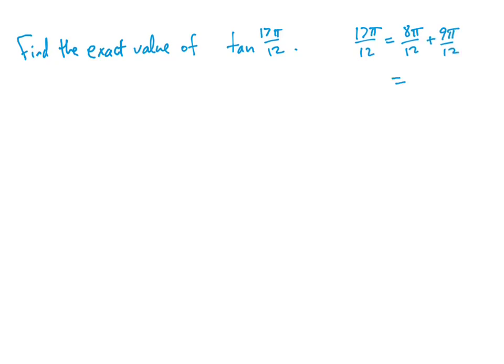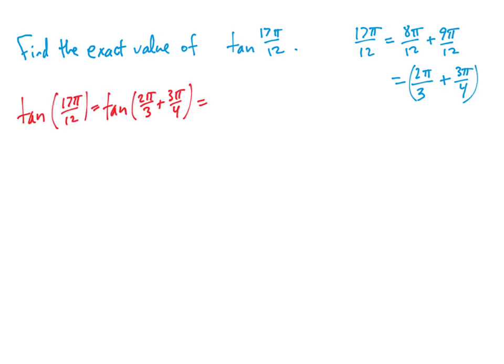Now, it might not look like those are values on the unit circle, but 8 pi over 12 is 2 pi over 3, and 9 pi over 12 is 3 pi over 4. So we can use those two values in the argument for tangent. Tangent of 17 pi over 12 is the same as tangent of 2 pi over 3 plus 3 pi over 4. I'll let 2 pi over 3 be A, 3 pi over 4 be B.